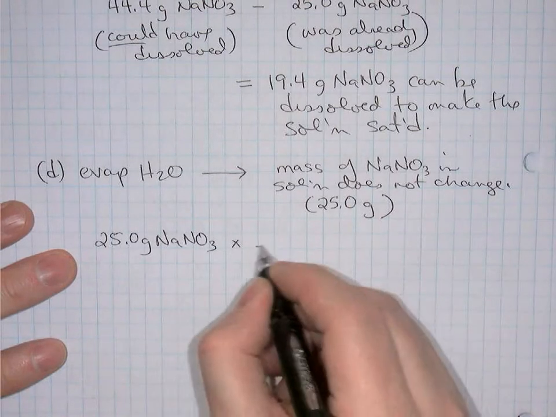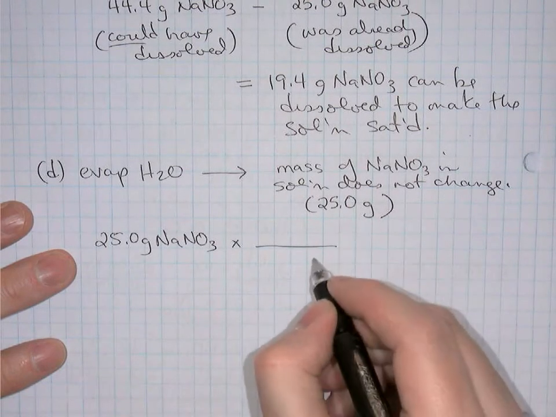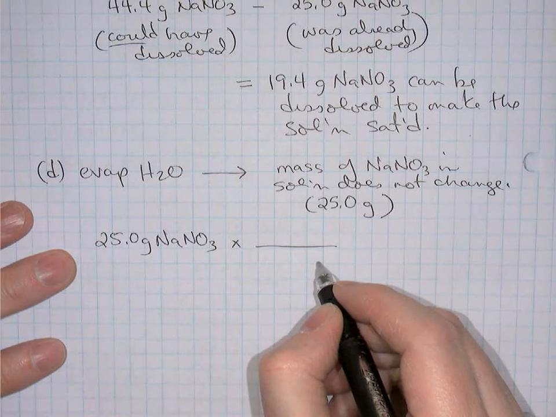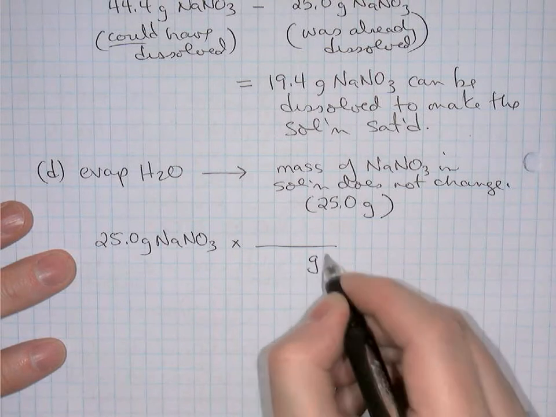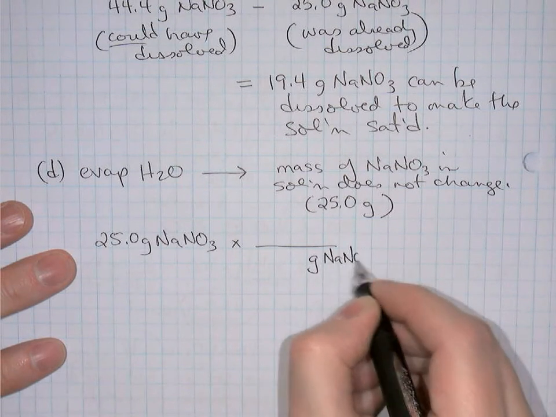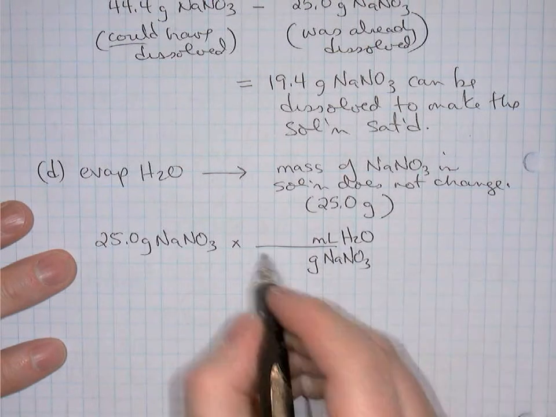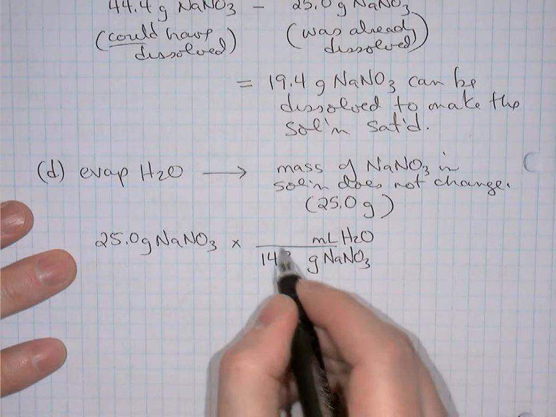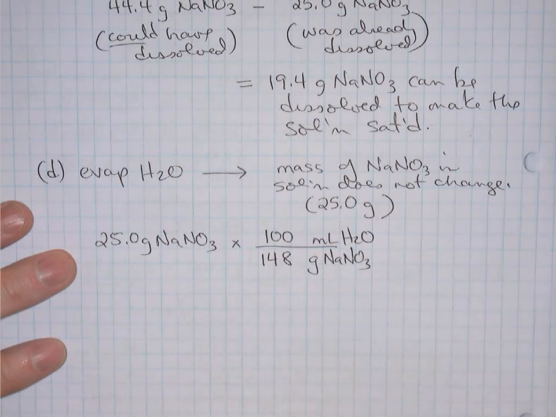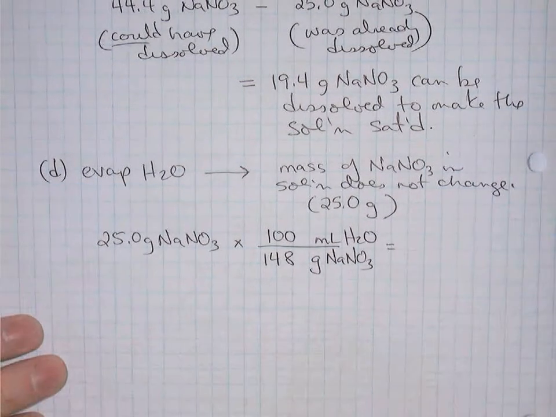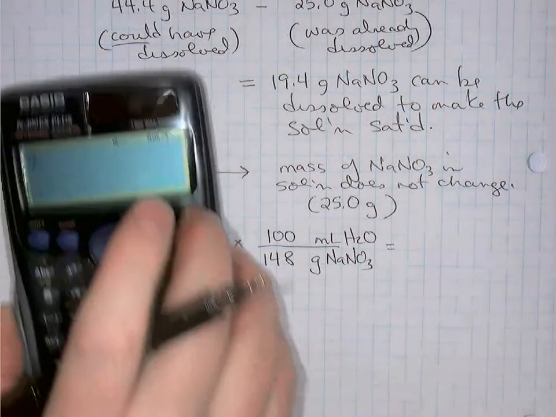I'm going to again use the solubility and see if you can figure out what it is I'm going to actually calculate here. I'm going to get rid of grams of sodium nitrate and replace it with milliliters of water. And again, our solubility was 148 grams for every 100 mils of water. So what exactly is it that I'm finding here?